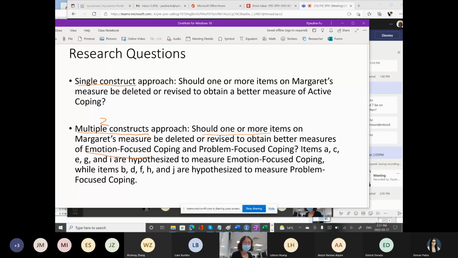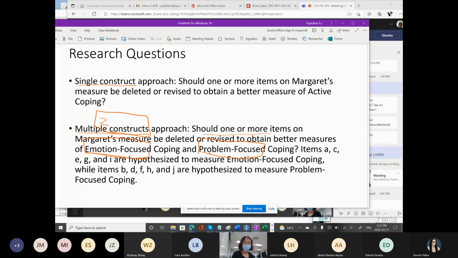You see the two constructs here. Emotion-focused, problem-focused. Those are the two constructs. Items A, C, E, G, I are hypothesized emotion-focused. Items B, D, F, H, J are hypothesized problem-focused coping.